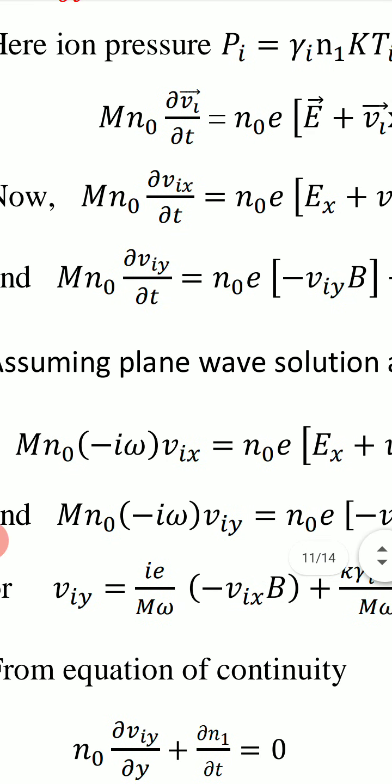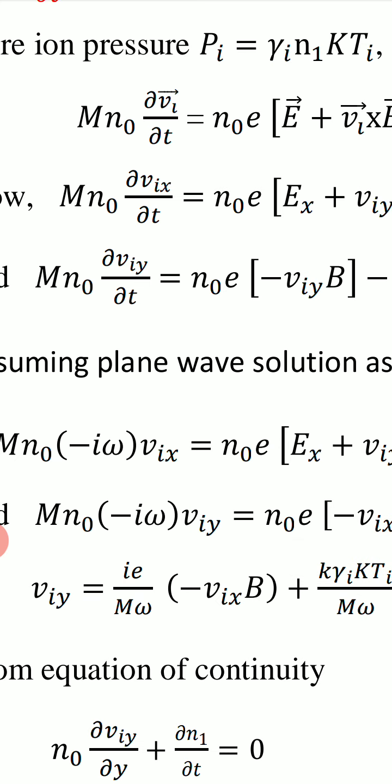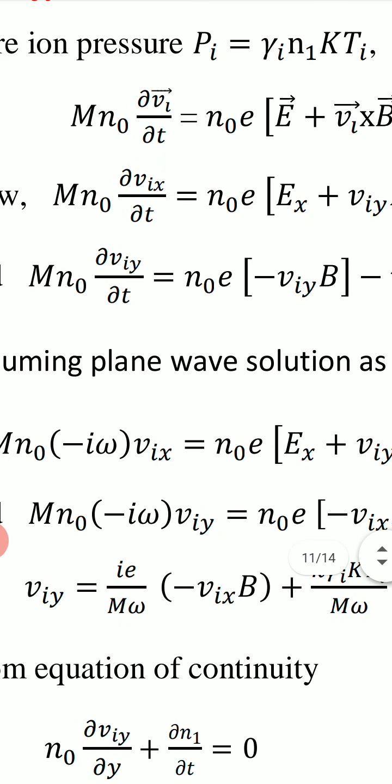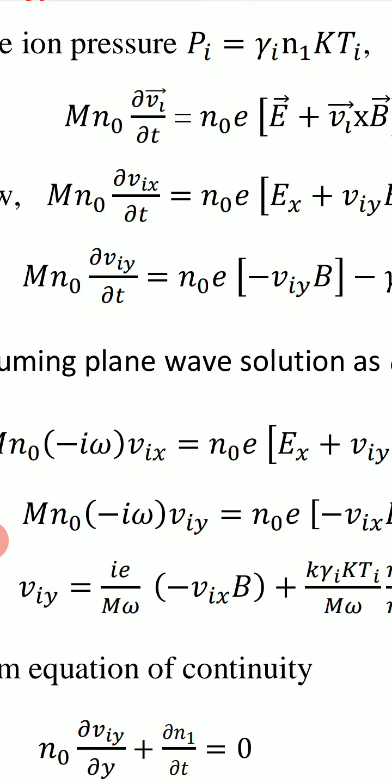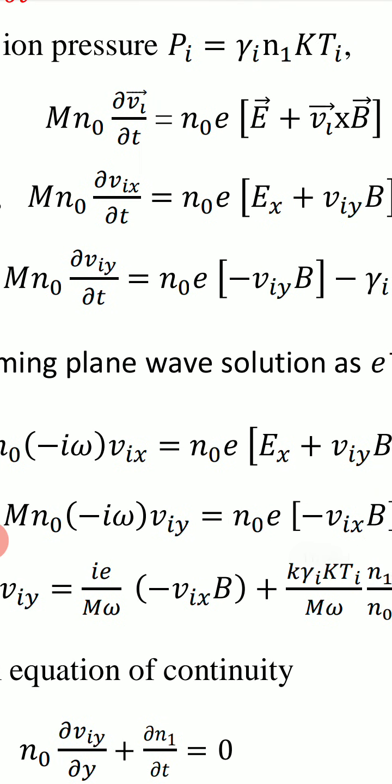Now we write the x and y components for this V1 vector, or we can write it as Vi vector, which is velocity of ion. It is actually change in its velocity.